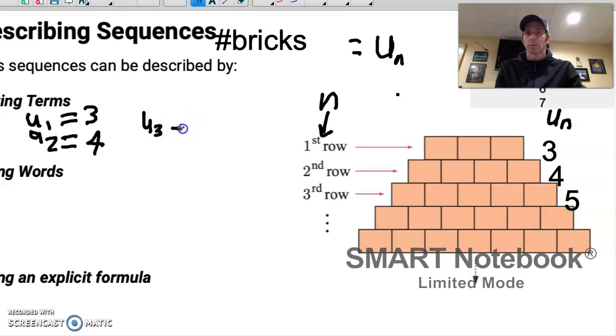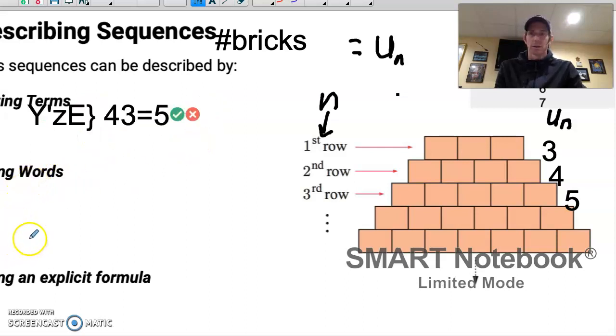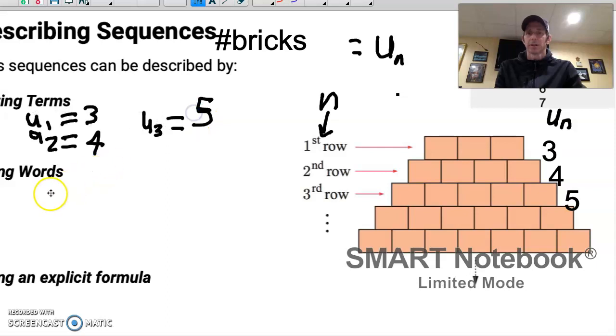U3 would equal 5. So we're just listing our terms. If I wanted to use words, I would say that this is going to be a little bit generic, but the top or first row has 3 bricks.